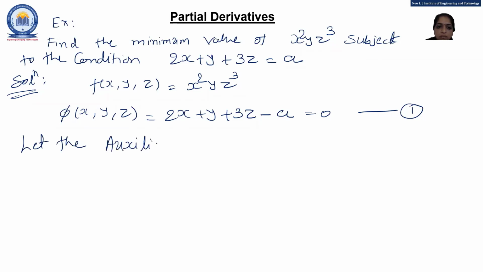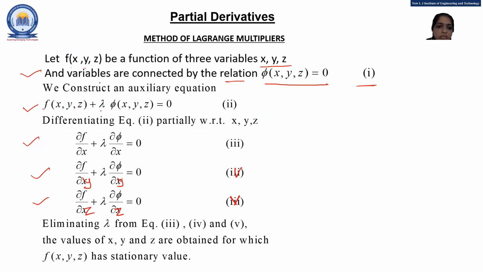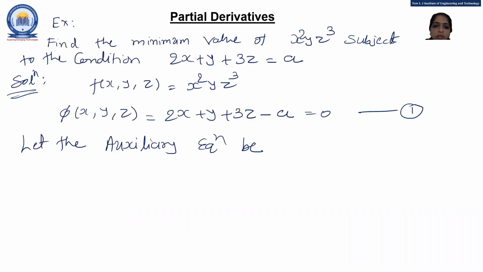Now the auxiliary equation. What is our auxiliary equation? This is f of x, y, z plus lambda phi of x, y, z equal to 0. What is our f of x, y, z?